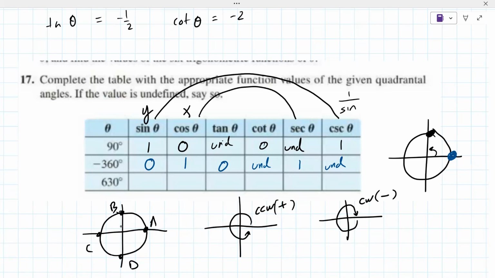It would be on the line between C and D, because it'd be 270 degrees. Each time it's 90, another 90, another 90. So it'd be quadrant 3.